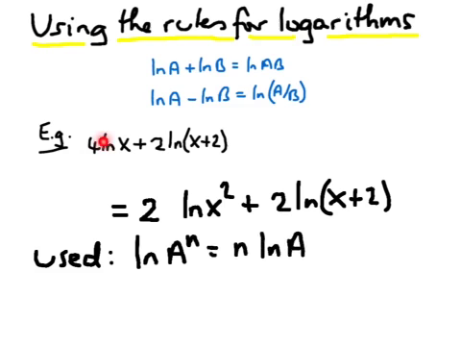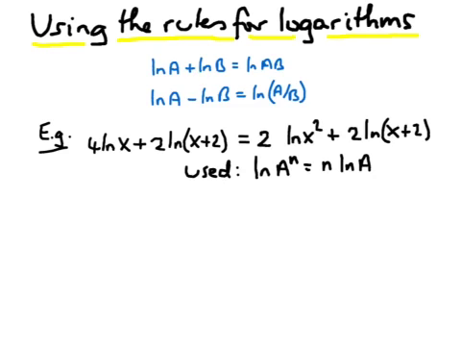So what I've done is I've written 4 as 2 times 2 and taken one of the 2's into here to write this as 2 times log x squared. And now we have the same number in front of both of these logarithms, and we can use this rule safely. So let me just make a little bit of room.